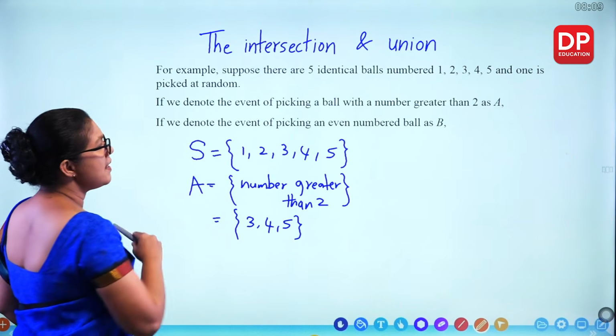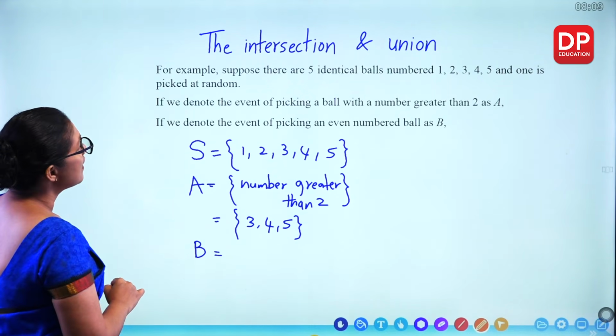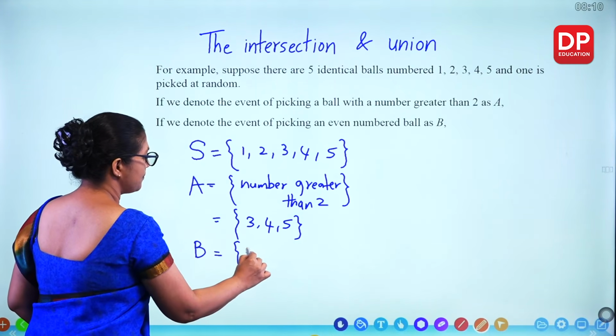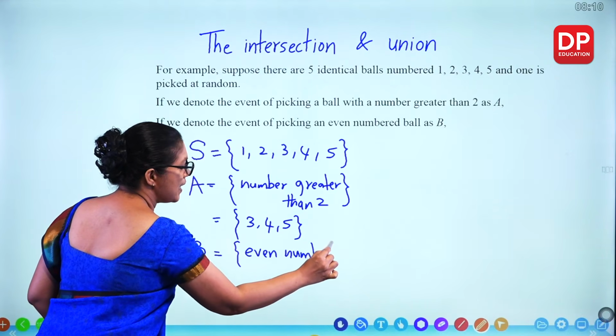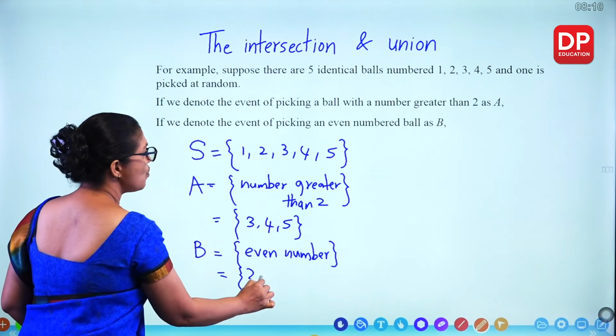And there's another event, B. B is given as an even number. Even numbers are set B. What are the numbers then? 2, 4.